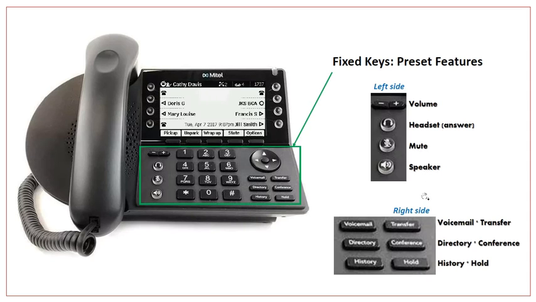On the right-hand side, we have a voicemail and a transfer key on the top row. On the next row, we have a directory and conference key, and on the bottom, we have a history and a hold button. So let's talk a little bit about how each one of these keys functions as we make, take, and transfer calls.